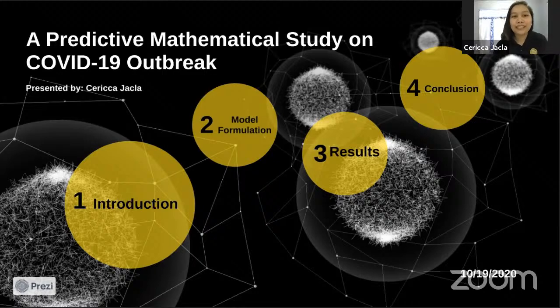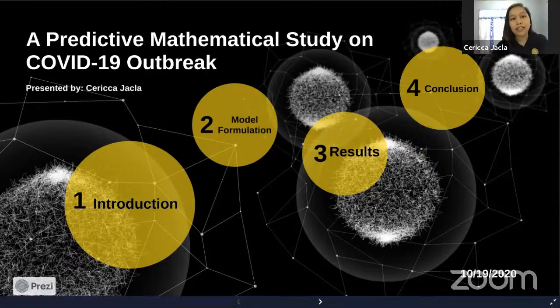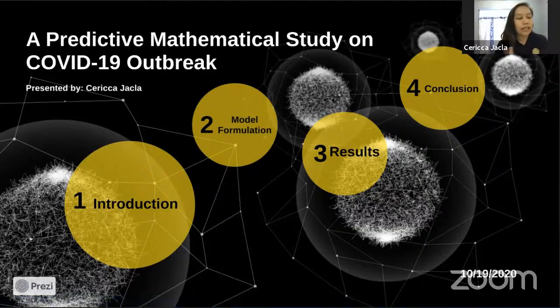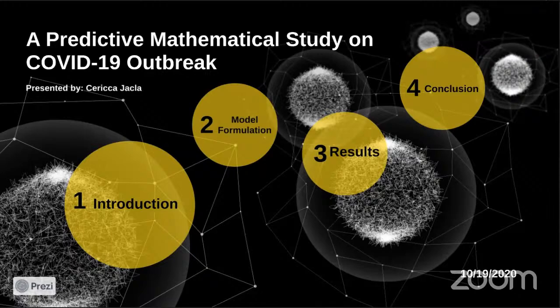So thank you, Joyce. As Joyce has mentioned, I'm going to discuss a predictive mathematical study on COVID-19 outbreak. To give you an overview of my presentation, first we're going to talk about the introduction, where I'll mention the full title of this research, authors, and where it was published.